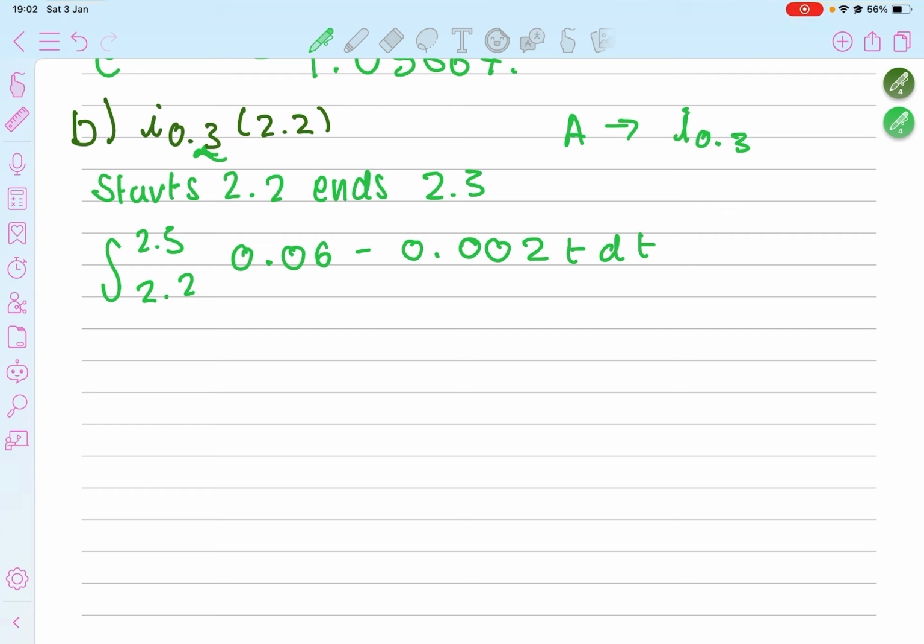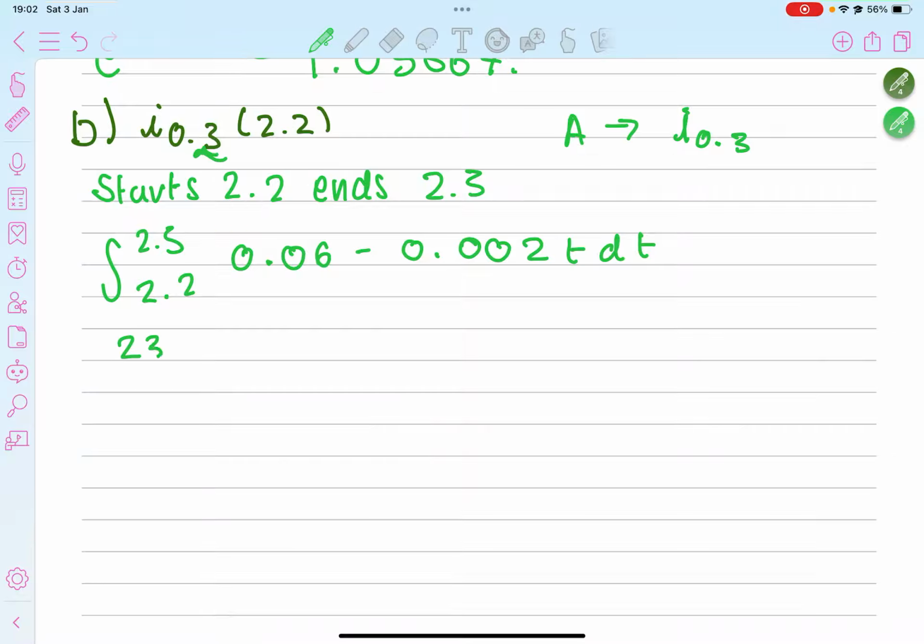0.06 times 2.5 minus 0.001 times 2.5 squared.